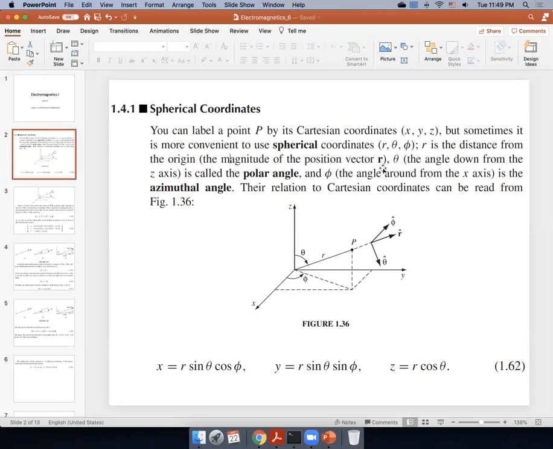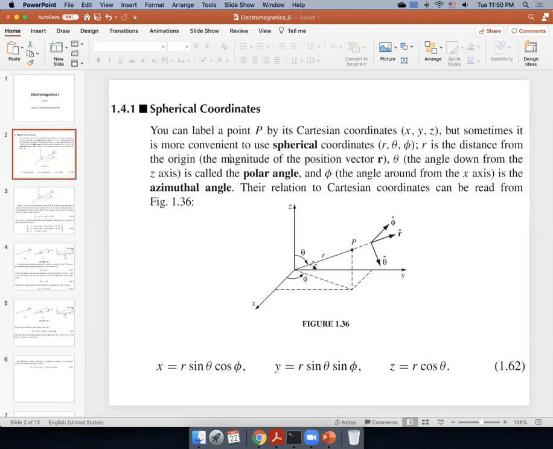In spherical coordinates, we don't use x, y, z anymore. Instead, we use r, theta, phi. So in this picture, we can see r, theta, phi. First, r is the displacement from the origin to the position p. That's the r.